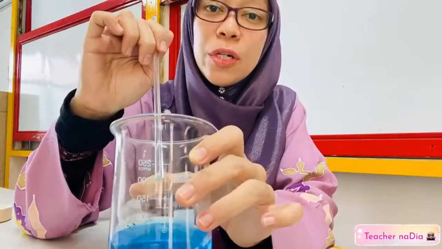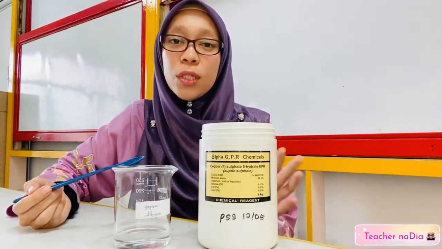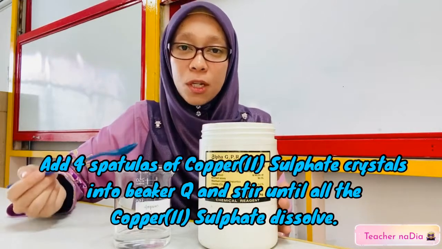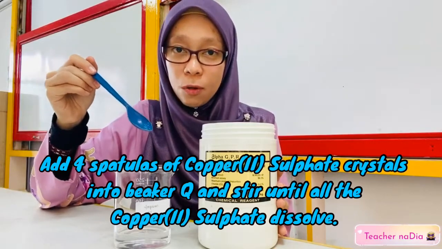Next we're going to proceed with beaker Q. For beaker Q, we are going to dissolve 4 spatulas of copper sulfate crystal, and we are going to stir it until it all dissolves.